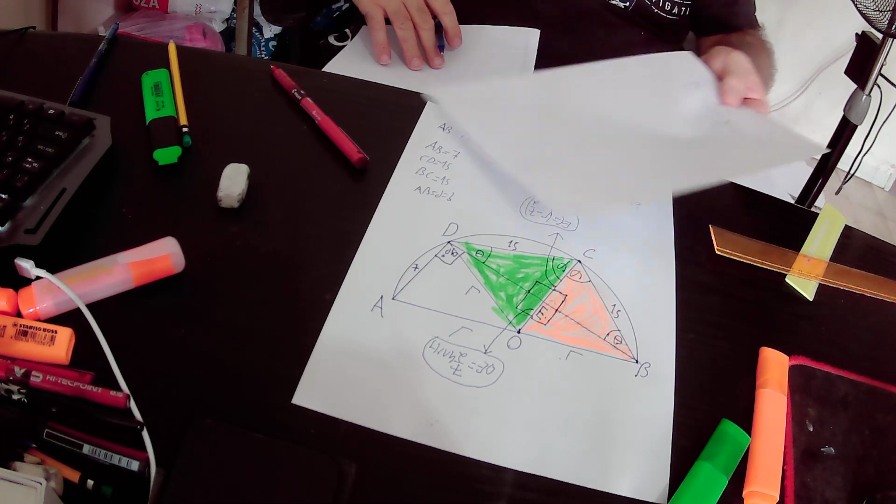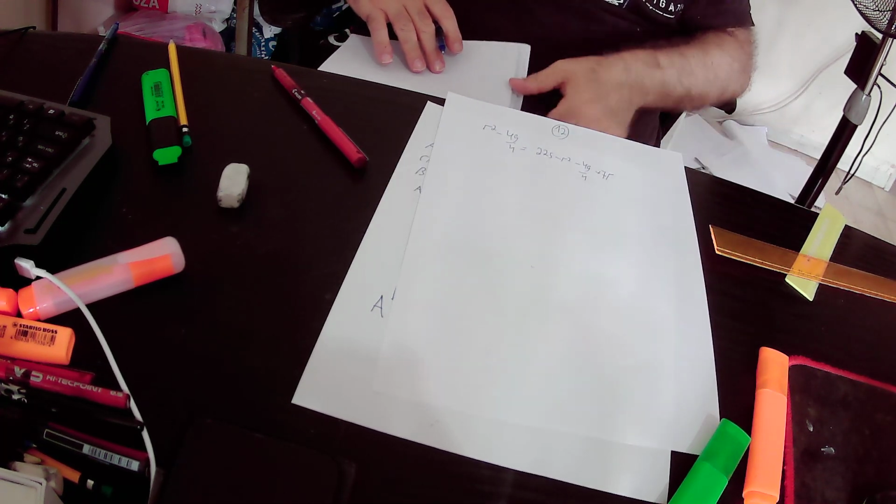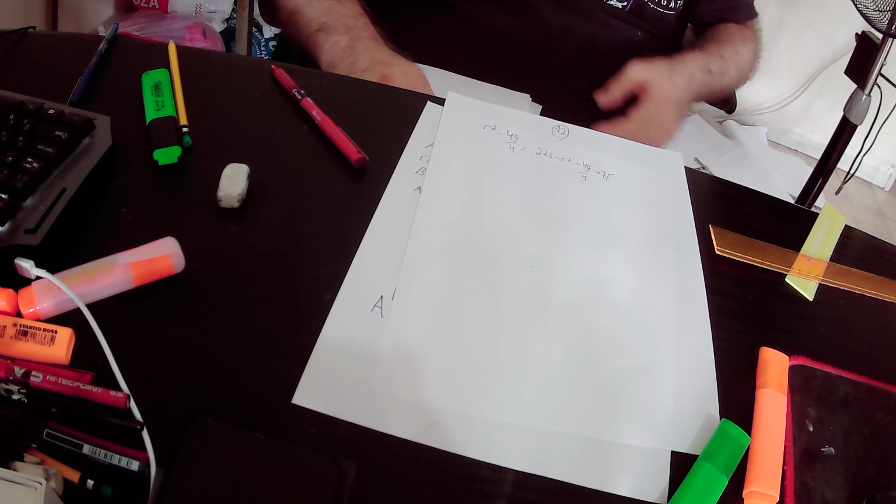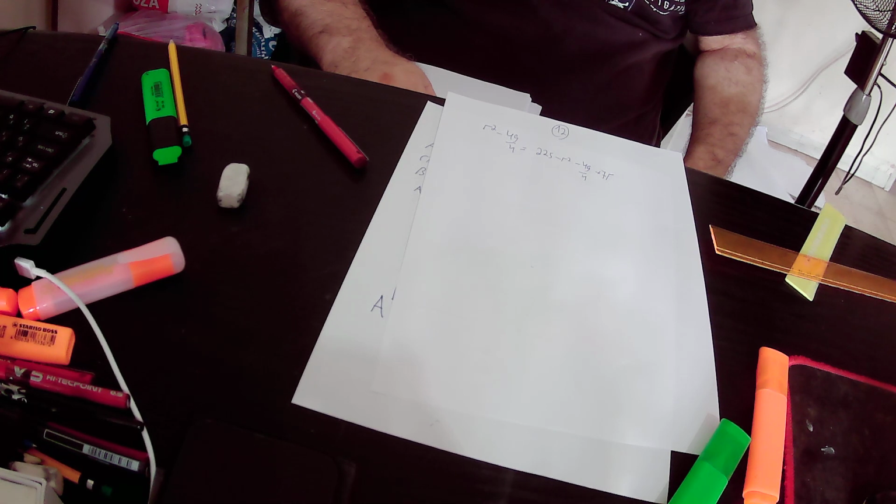So we got that R square minus 49 over 4 equals 225 minus R square minus 49 over 4 plus 7R.